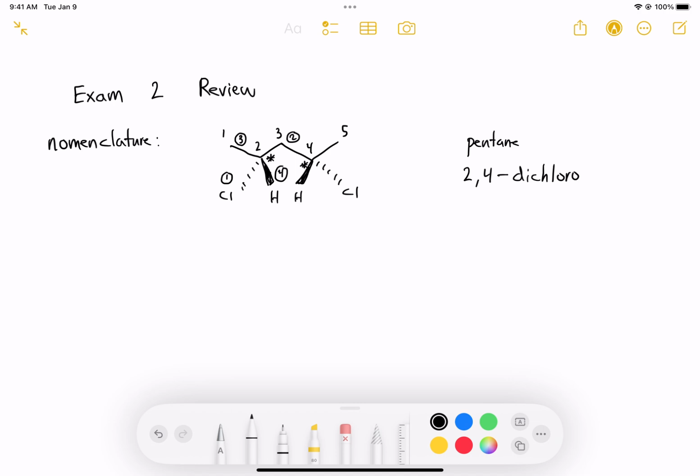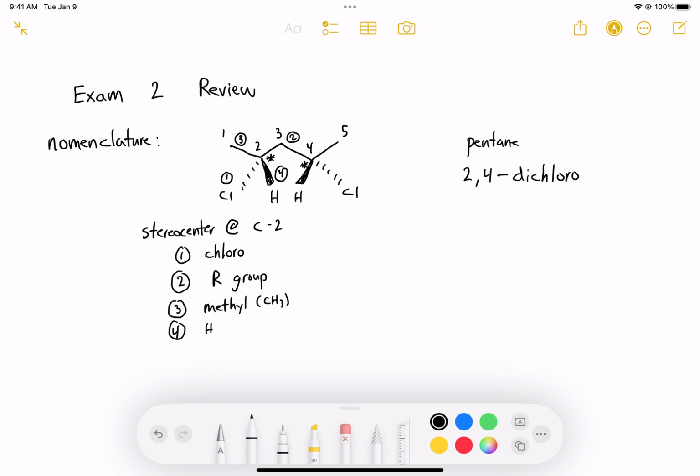So we could say for the stereocenter at carbon 2, first priority is chloro. Second priority is, let's just say the R group, so the rest of the chain. Third priority is the methyl group. And fourth priority is the hydrogen.